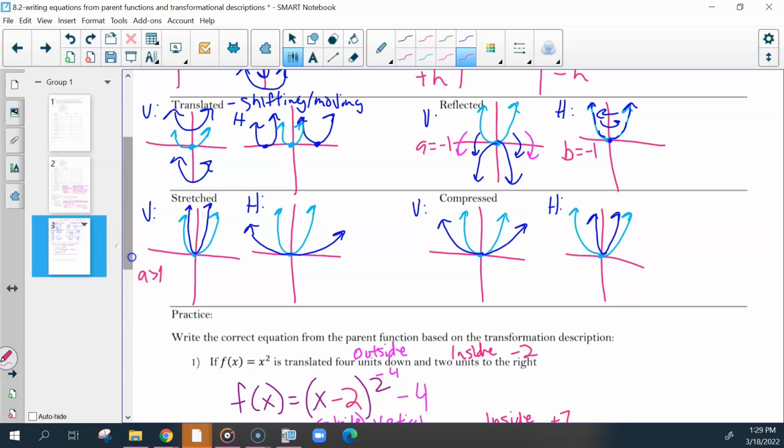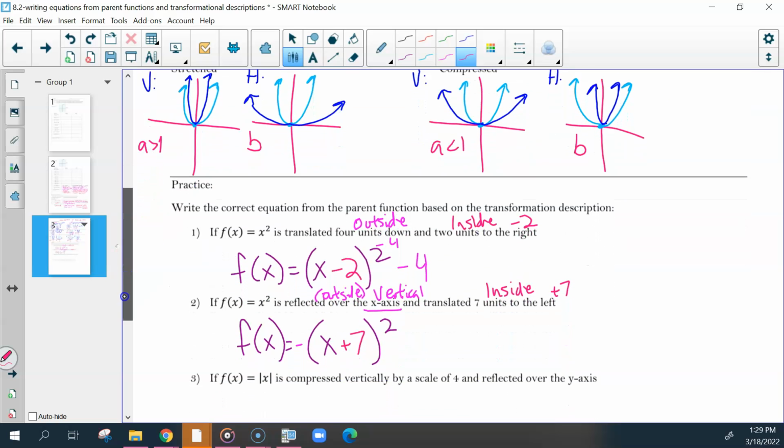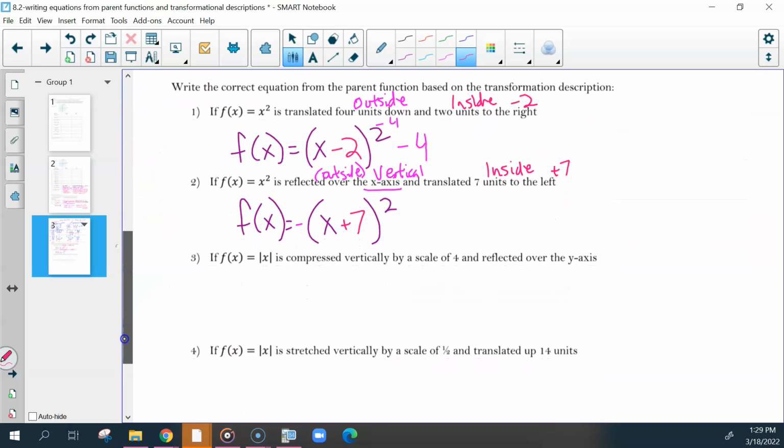For horizontal, that would be a B. We're not going to talk about that B right now. It gets a little bit confusing, so just know it's the B value. The compressed would be the A, and this would be less than 1, it would be a fraction.